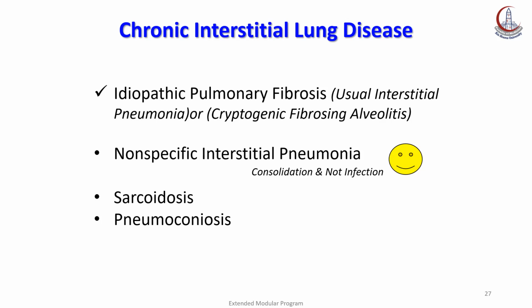This is called consolidation. In that entity it's not infection. We used the term pneumonia here to identify a solid nature of the lung instead of being spongy normally, due to fibrosis.